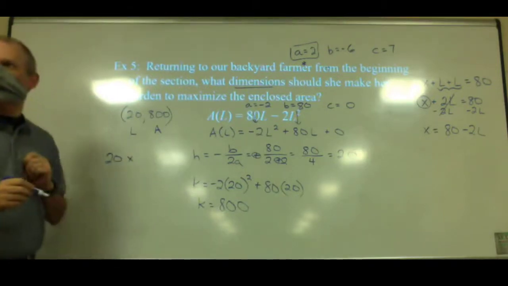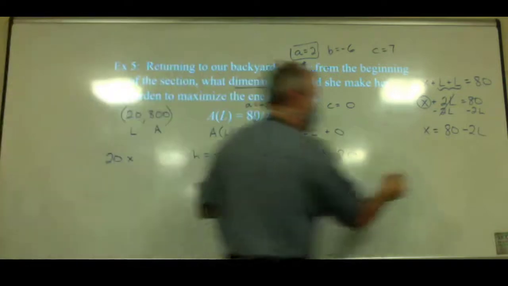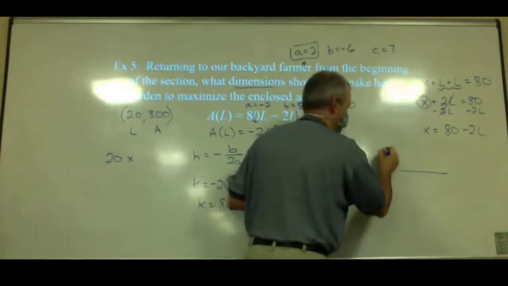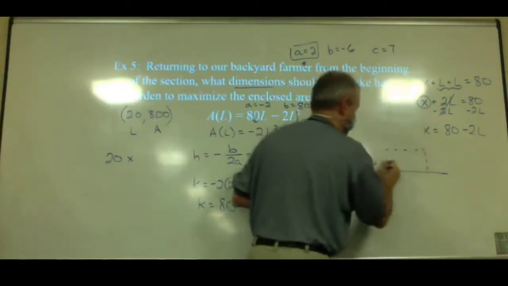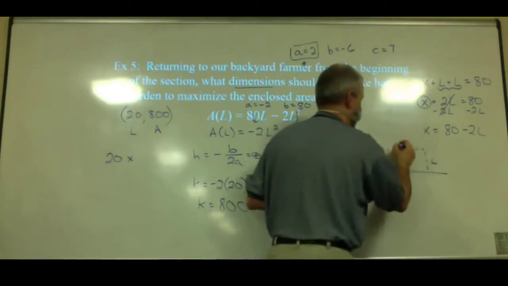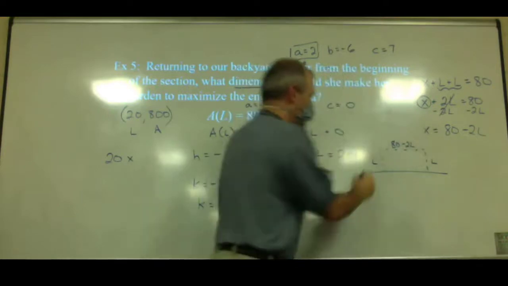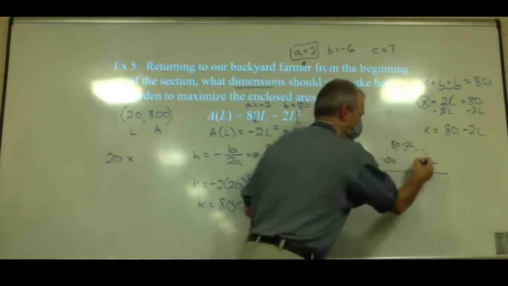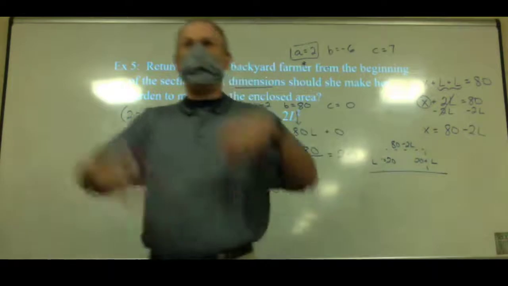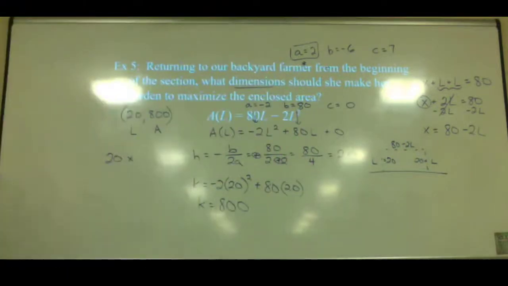Right, 20 feet? And remember our picture, I had to erase it, but here's what the picture looked like. We had L, and then 80 minus 2L. So in other words, this side is 20, and this side is 20. And if you remember, we had 80 total feet of fencing.